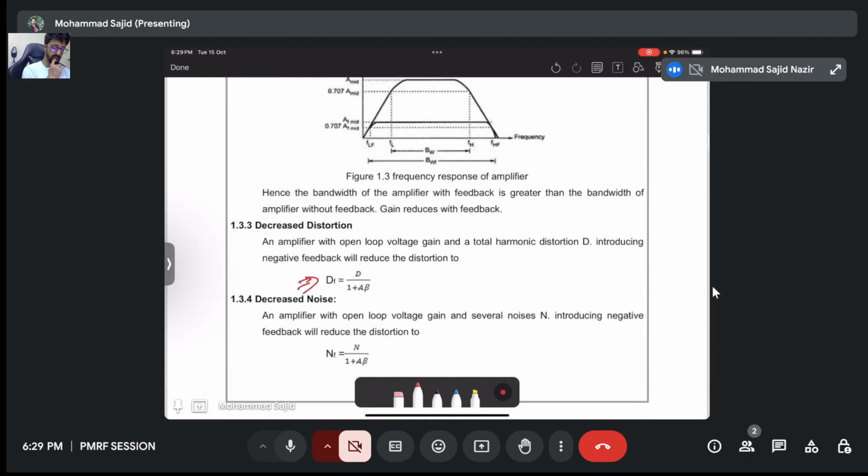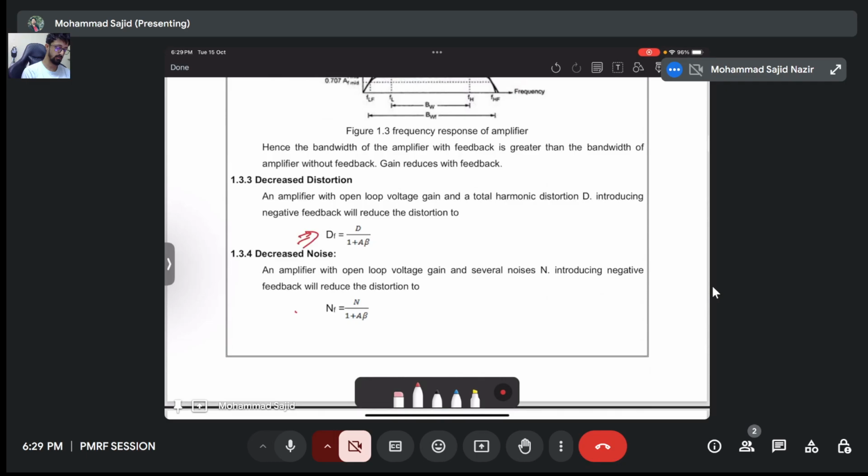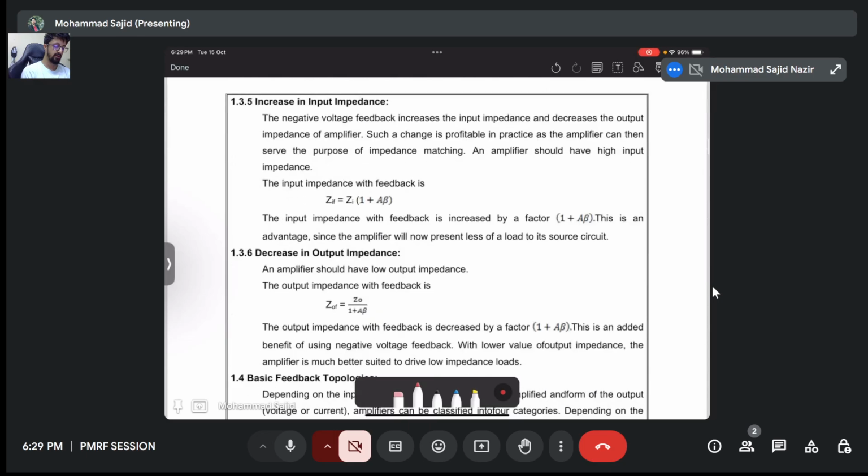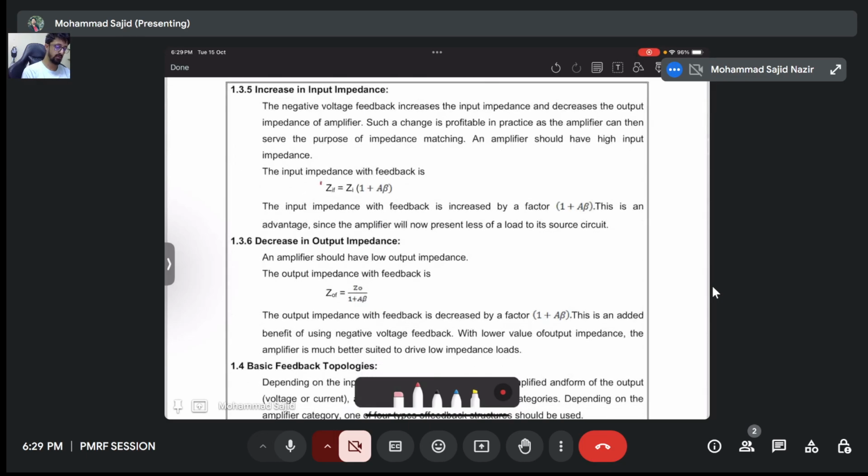Similarly, distortion decreases. As the gain is reduced, distortion is reduced, and noise reduces. And we have an increase in the input impedance with negative voltage feedback. If you take a voltage at the output and feed it back to the input of the voltage amplifier, it can increase the input impedance by this factor.